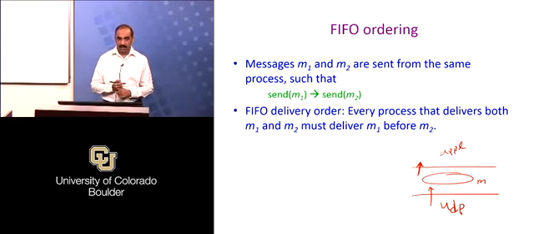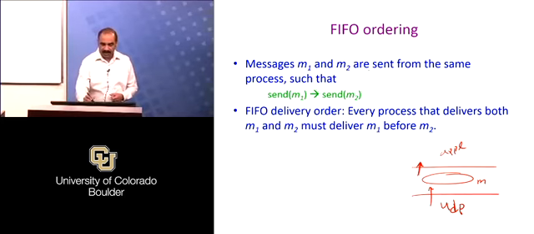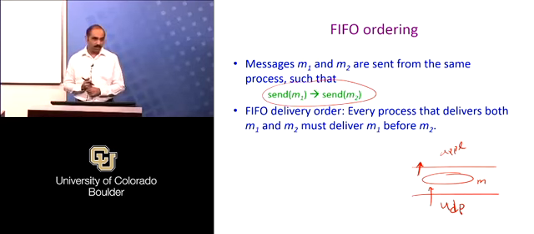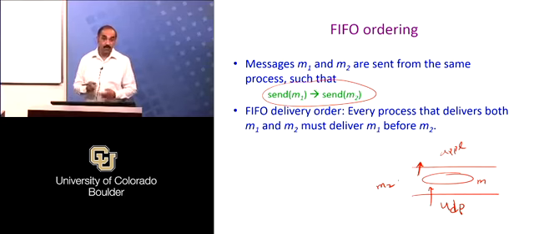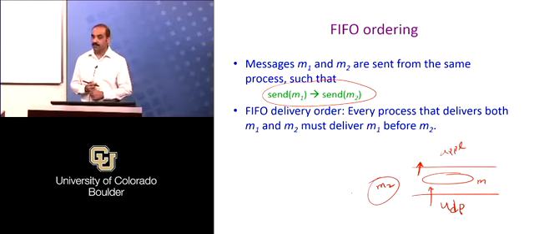All of you understand? So if you take this example, M1 and M2, and there is this happened-before relation. Now suppose you are using UDP to send these messages. Then it could be that M2 arrives here first, before M1. So what this layer is going to do is hold M2 here in the buffer.